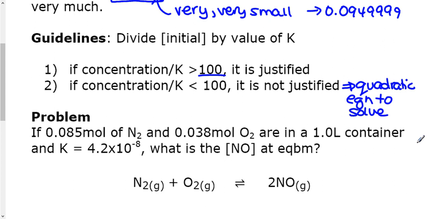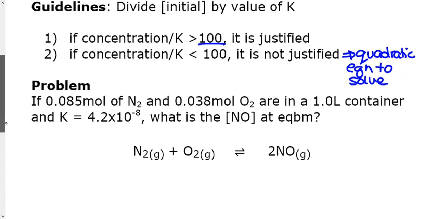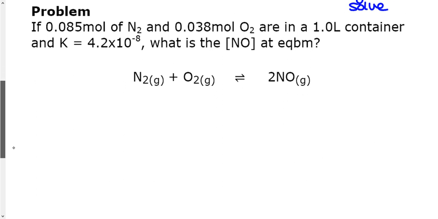So let's take a look at our last problem for the lesson and see how this would work. So here's our problem. We've got 0.085 moles of nitrogen and 0.038 moles of oxygen in a 1 liter container. And our KEQ value is 4.2 times 10 to the negative 8. And we want to know what's the concentration of our product at equilibrium.